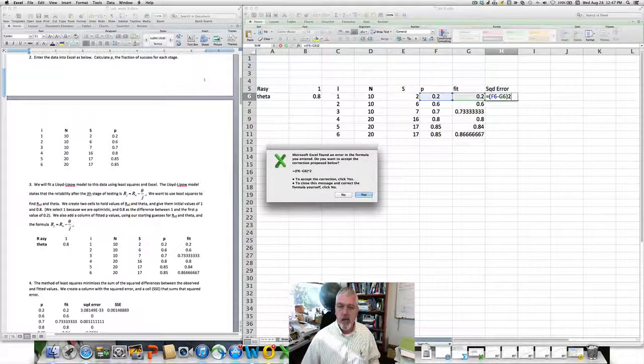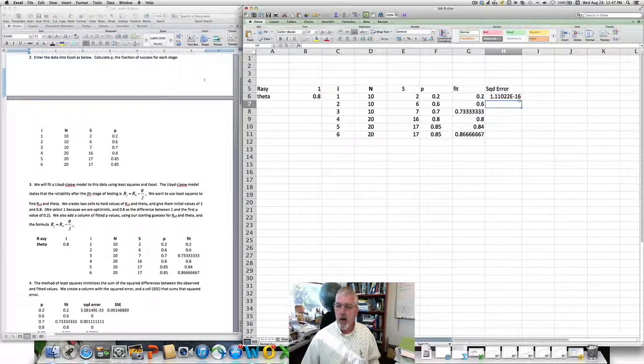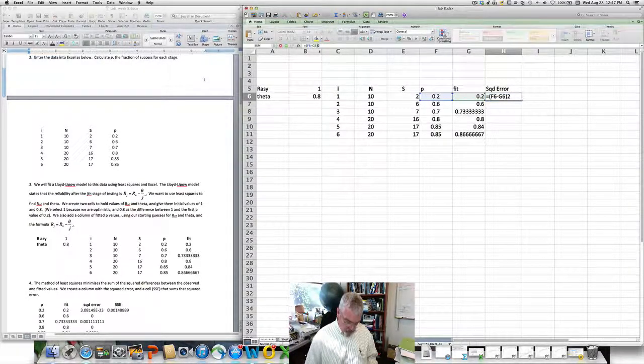So that's a squared error term for how much my fit is off. It's not exactly 0 because of some machine precision issues with Excel, but it's pretty close to 0.